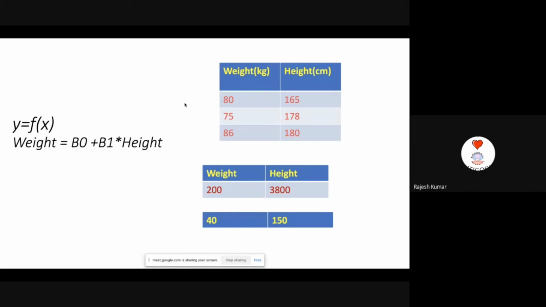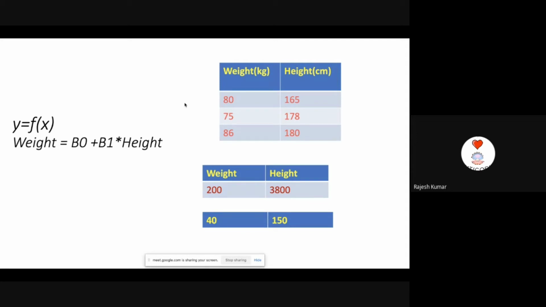Given the data, we split the data into training and testing, so that using training we compute the coefficient, and then using testing we validate it. And then probably we do the pre-processing and then the feature extraction. Here I have taken only one feature, which is height. Height is the x here, and weight is the y here.